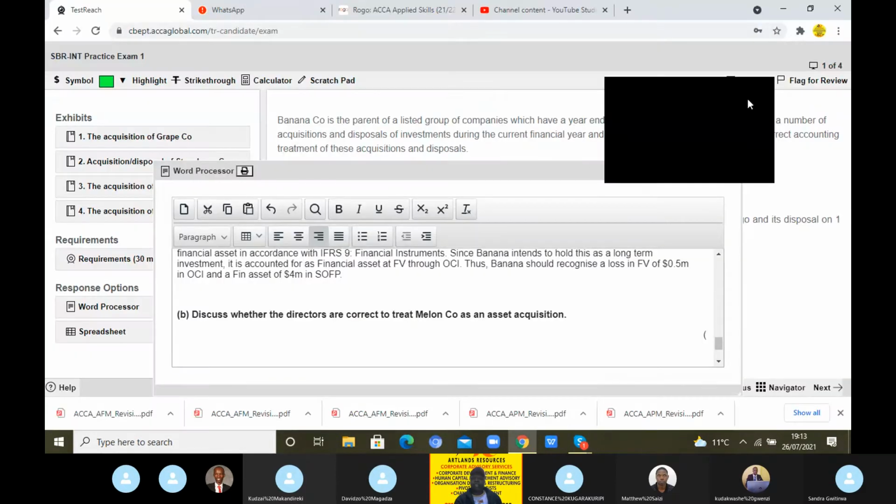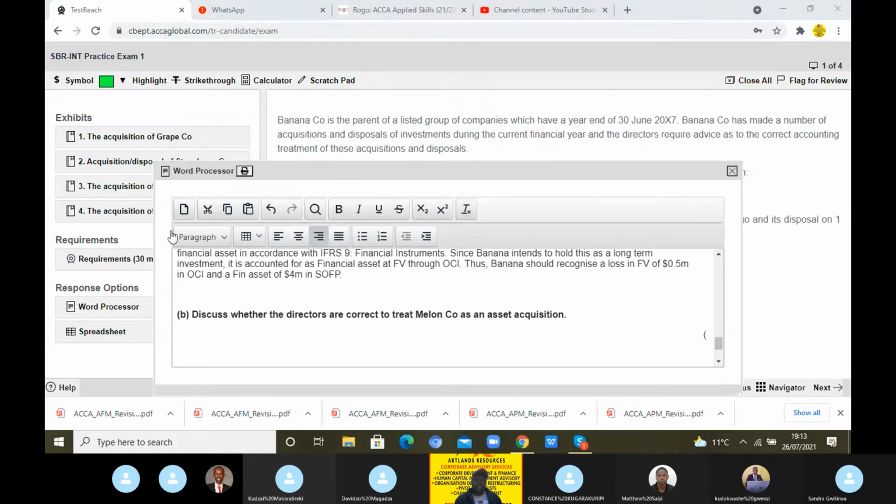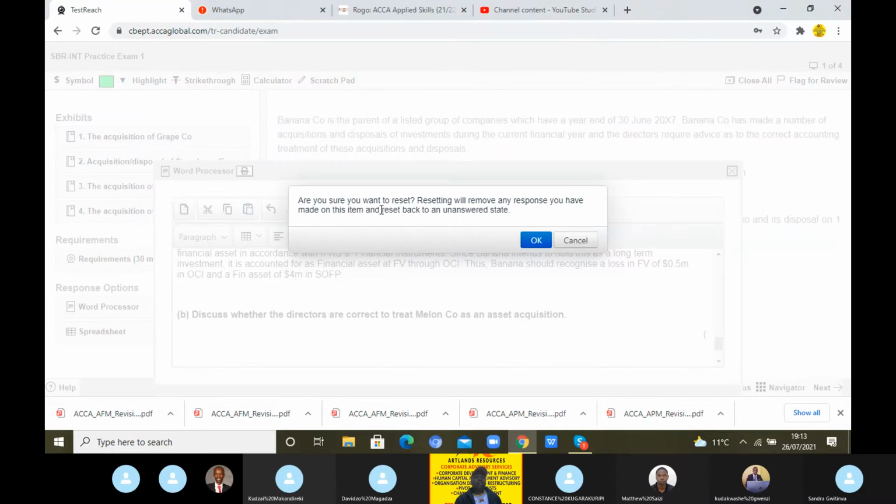So you may say, what is it about that thing which looks like saving? This is not a save button. Don't click this in an exam. It's actually a reset button. So if I click it by mistake like this, it tells me, are you sure you want to reset, not to save? Then it tells me that resetting will remove any response you have made on this item.